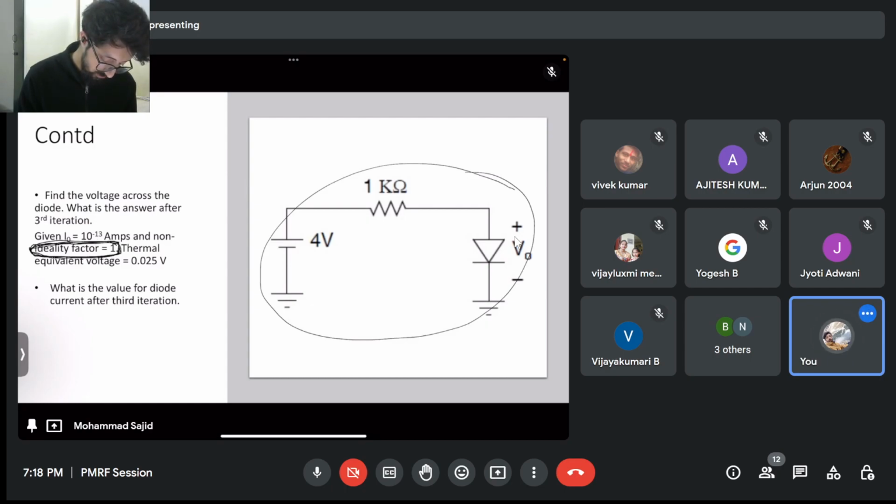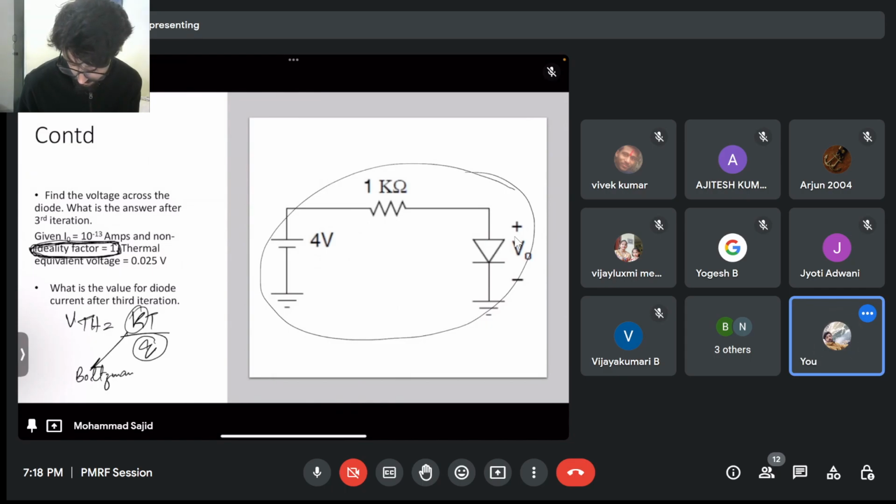For the time being, just treat it as one. It depends on the mechanisms which govern the IV behavior of the diode, and your thermal equivalent voltage VTH is equal to KT by Q, where K is the Boltzmann constant, right? If you have done this question, we can move on.